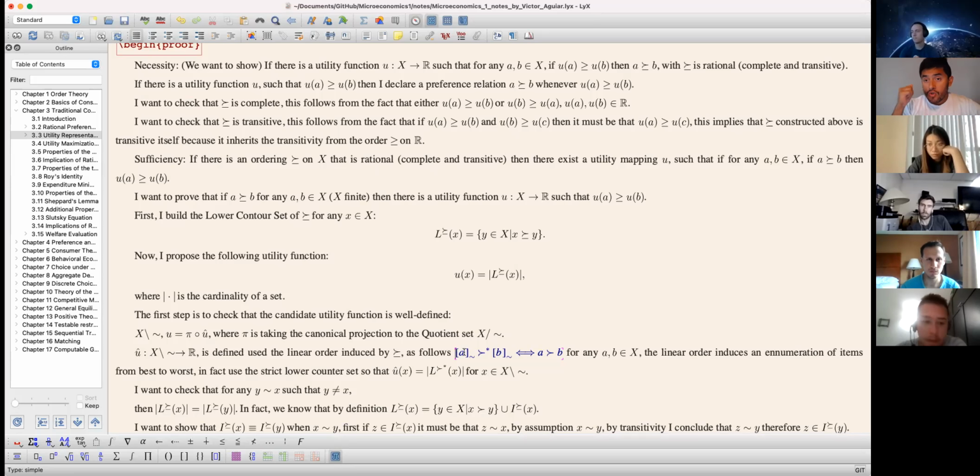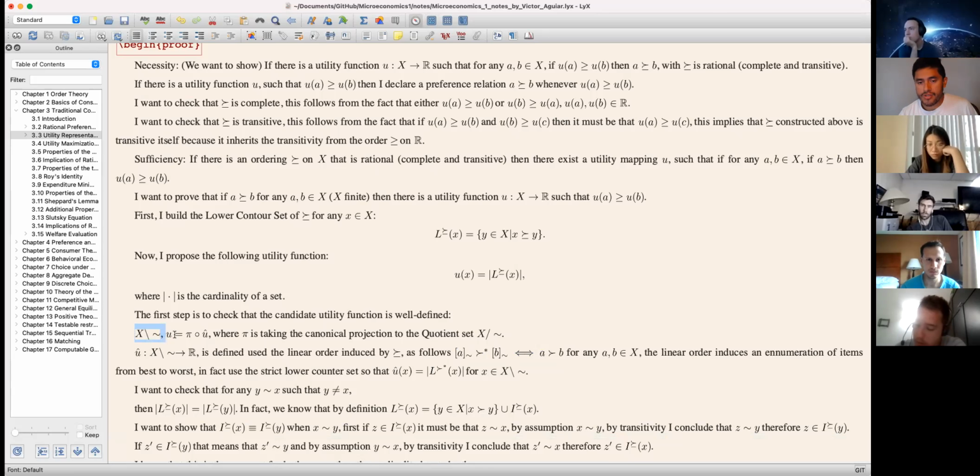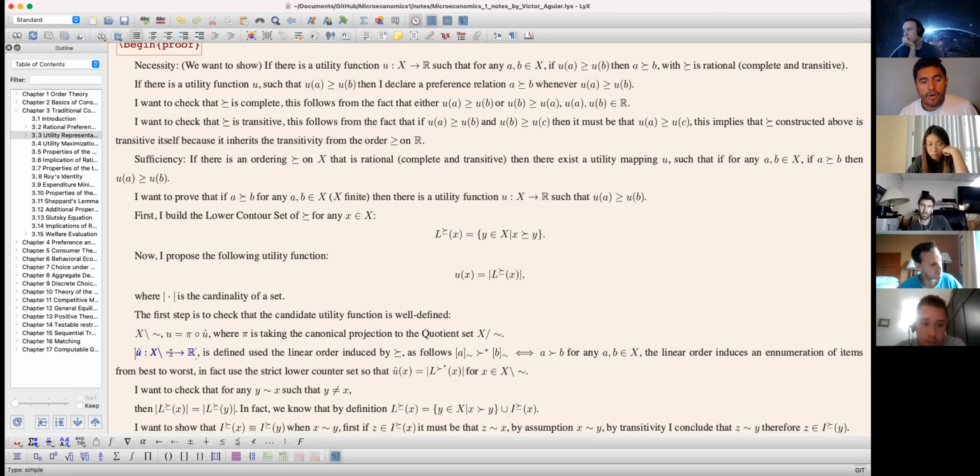Okay, once you do that, mathematically, this is called the quotient set. And now I'm gonna define the utility that I constructed right now with the cardinality of the lower contour set on the quotient set, okay? And remember that in the quotient set, the whole trick is that there is no longer indifference.